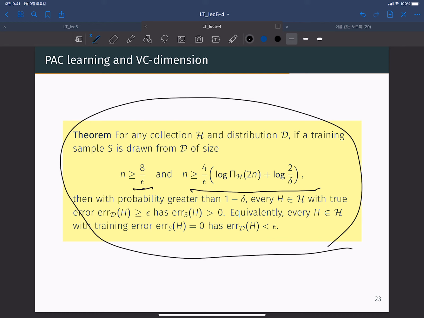This means every hypothesis H with training error equal to 0 has test error less than epsilon. So we have the epsilon-delta PAC learning property with this amount of samples. So we just found the sample complexity for a hypothesis class having VC dimension d.